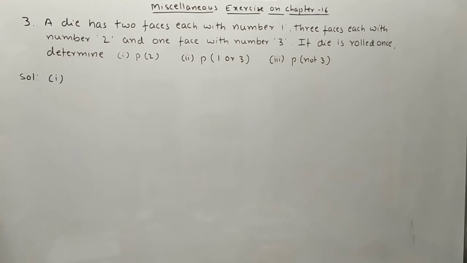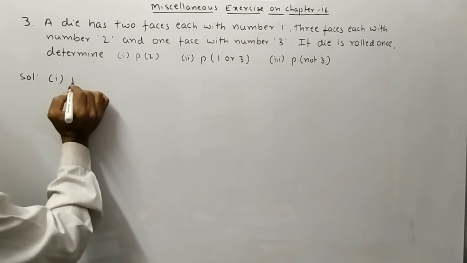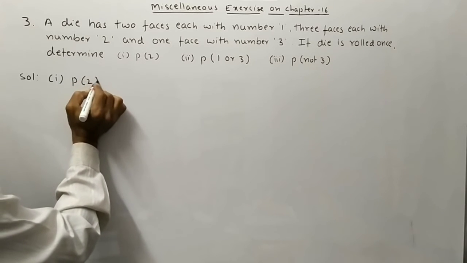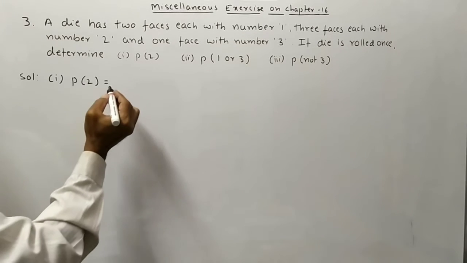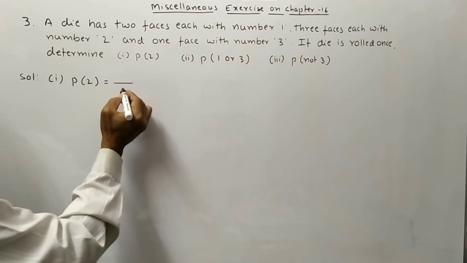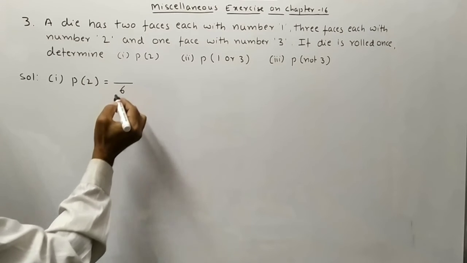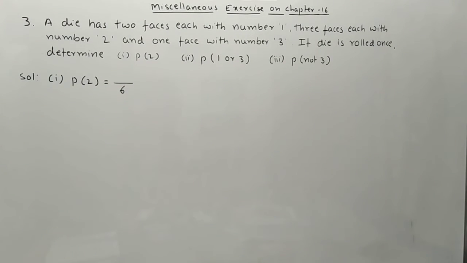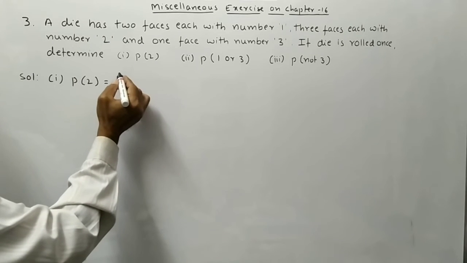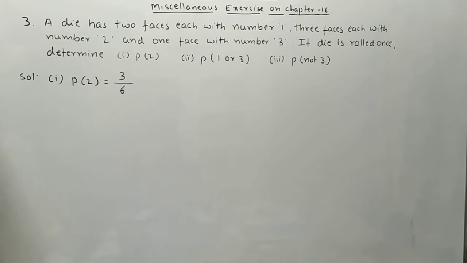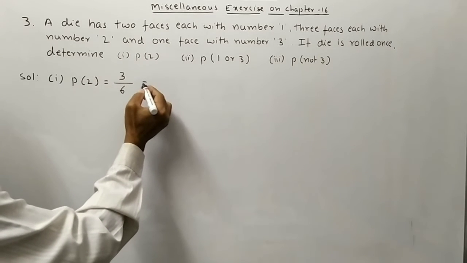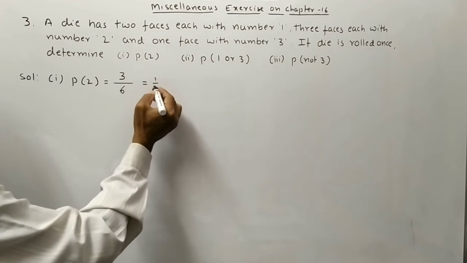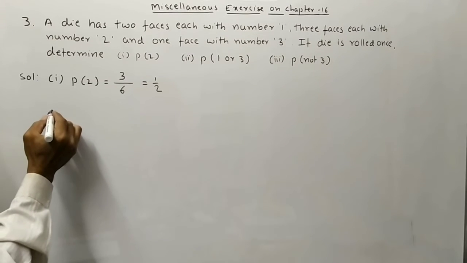First one, probability of 2 is equal to, out of 6 faces, 3 faces are with number 2. Therefore, probability of 2 is equal to 3 by 6 is equal to 1 by 2.